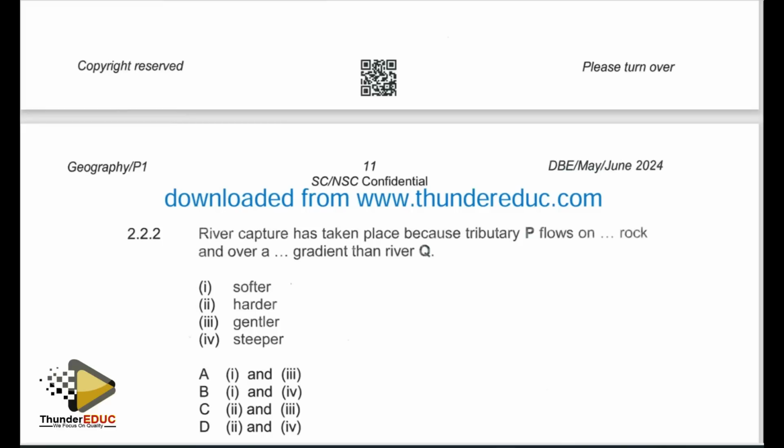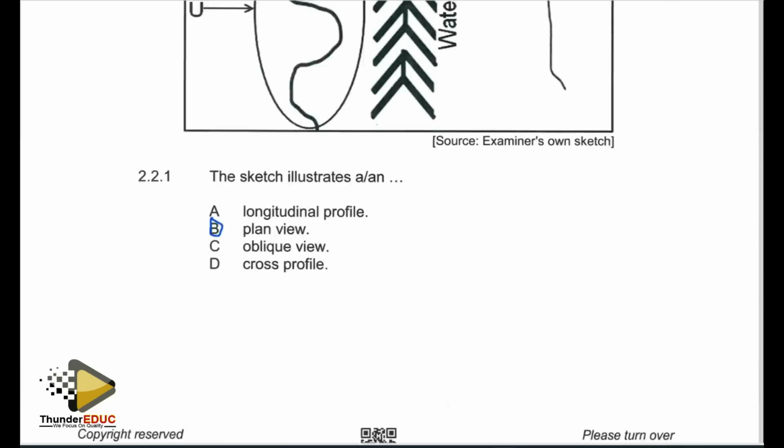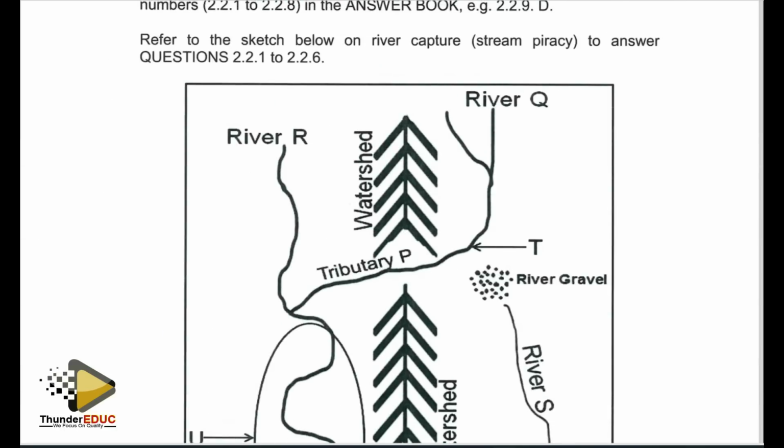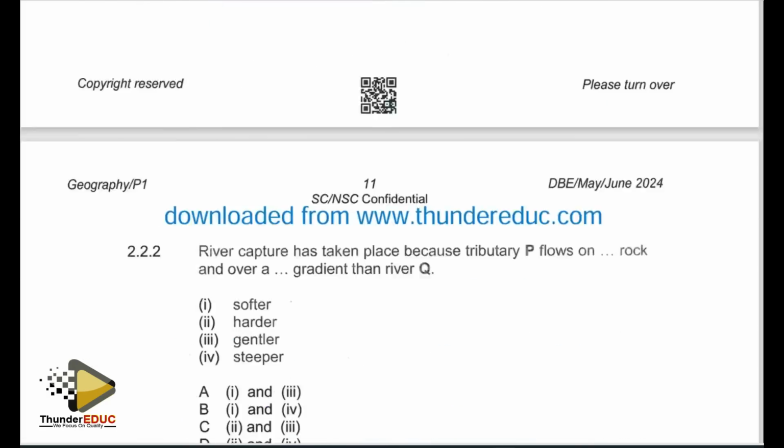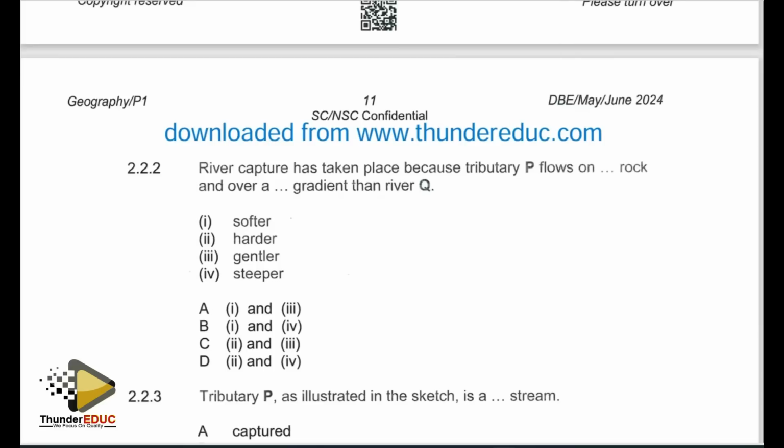So in this instance here, if we check tributary P, using that argument, we can say, the nature of rocks. For this river to effectively erode headwardly, it needs to flow over softer rocks. So item number 1 qualifies, we disqualify harder. And what kind of gradient here? For this river to be energetic, it needs to flow over a steeper gradient.